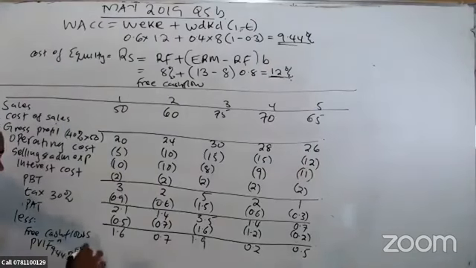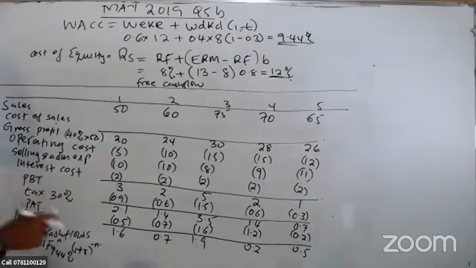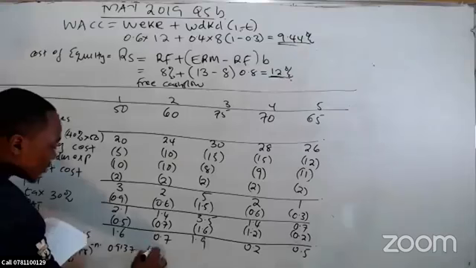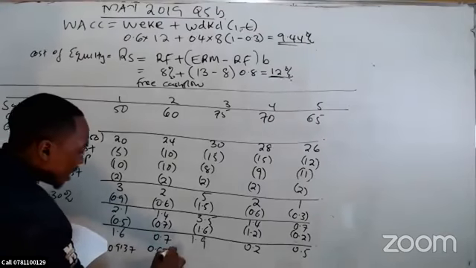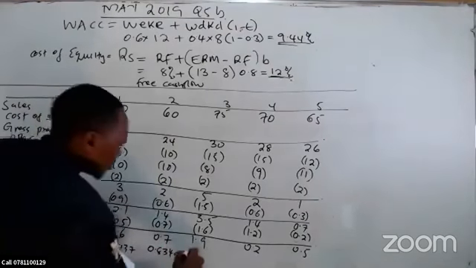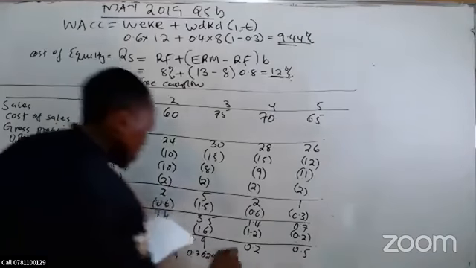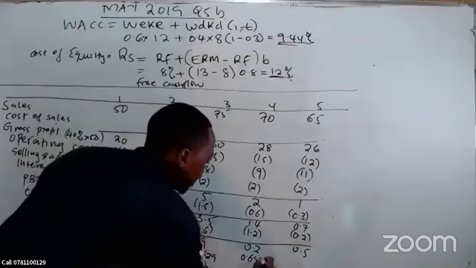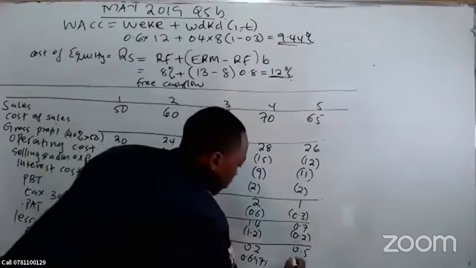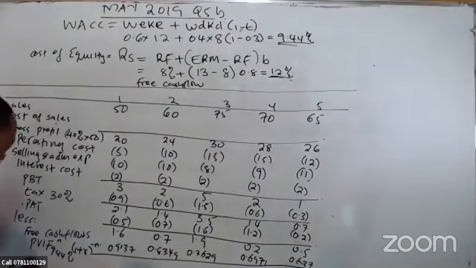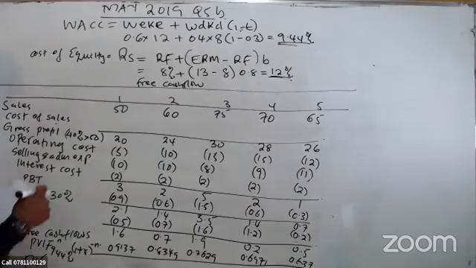That's 1 plus R raised to power negative N. And you get for the first year 0.9137, 0.8349, 0.7629, 0.6971, and 0.637.